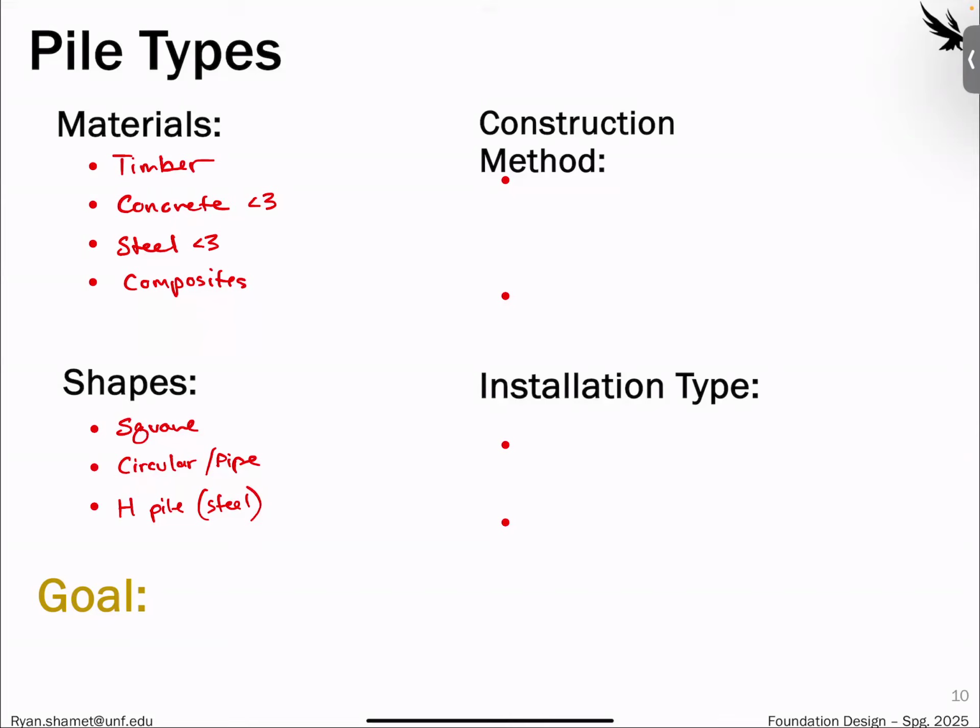For the construction method, again, it's either cast in place for concrete only, or precast or prefab, which can be used for both steel and concrete.